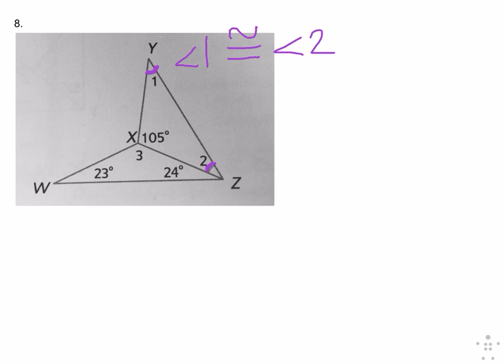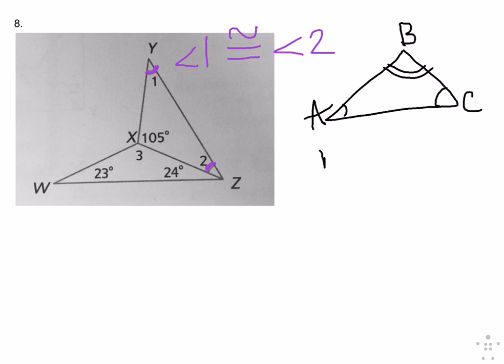Let me just show you what I mean. Let's say this is ABC. The measure of angle A would be congruent to the measure of angle C, and that's just according to the picture that I drew.